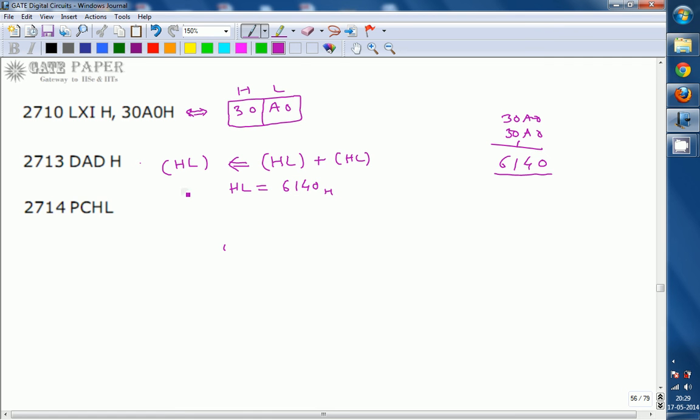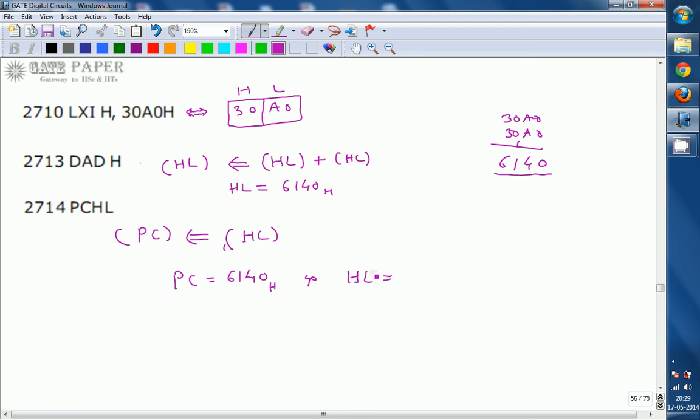Next, PCHL. The instruction PCHL copies the contents of the HL pair into the program counter. PC will be loaded with the contents of HL. So now the PC contents are going to be 6140H, and the HL contents are simply copied, not modified.